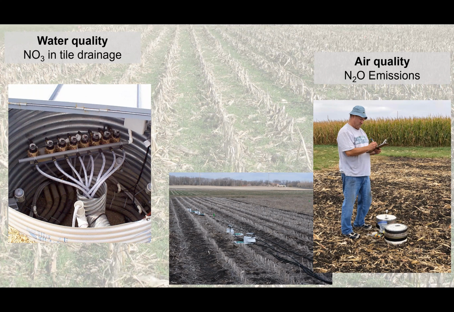We have chambers out there that are sampled at least once a week. In the middle there, I have a photograph. These are new continuous sampling chambers, as I understand it. Brian Emmett put those out earlier this year. So we should have continuous sampling, and that will be better than the weekly sampling that we're doing right now.